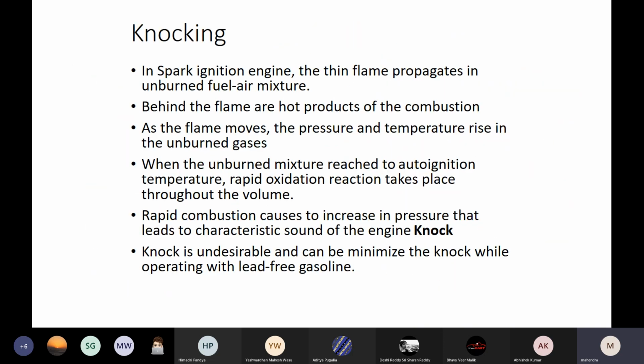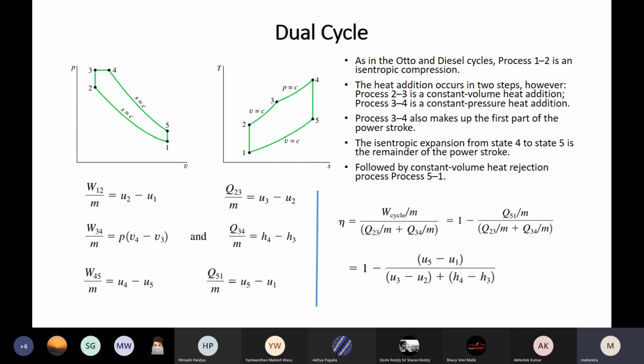So in the next class, let us focus on the previous chapter, power and refrigeration cycles with phase change material, and this chapter, power cycles with gases. Let us solve some problems, and then this topic will be over.